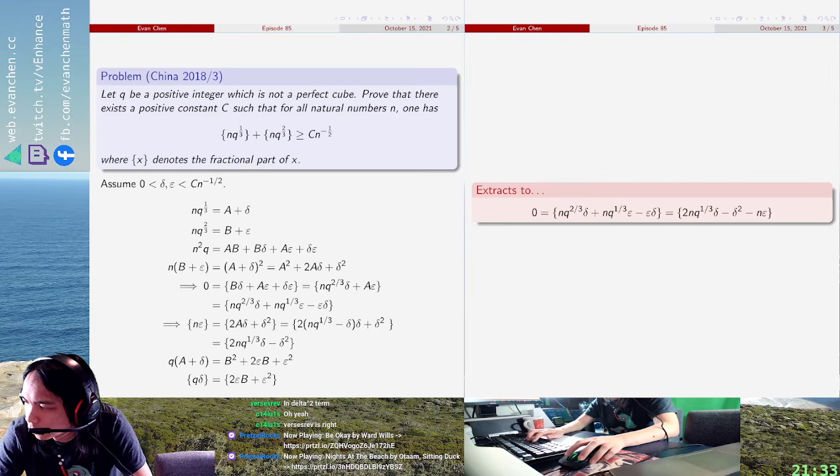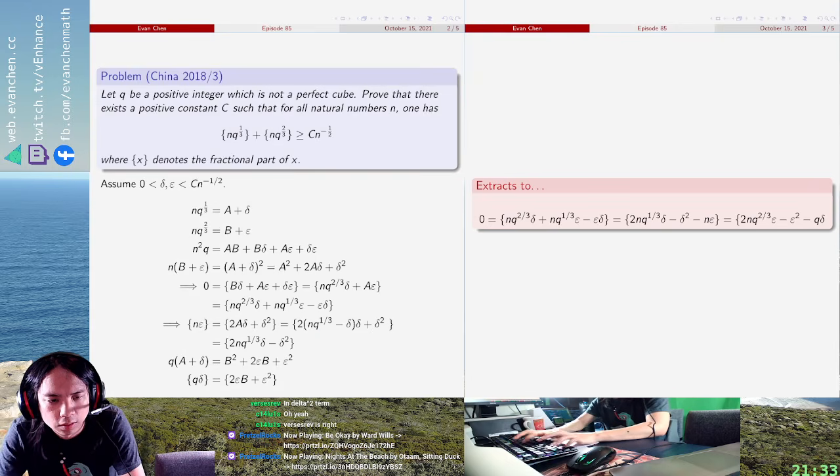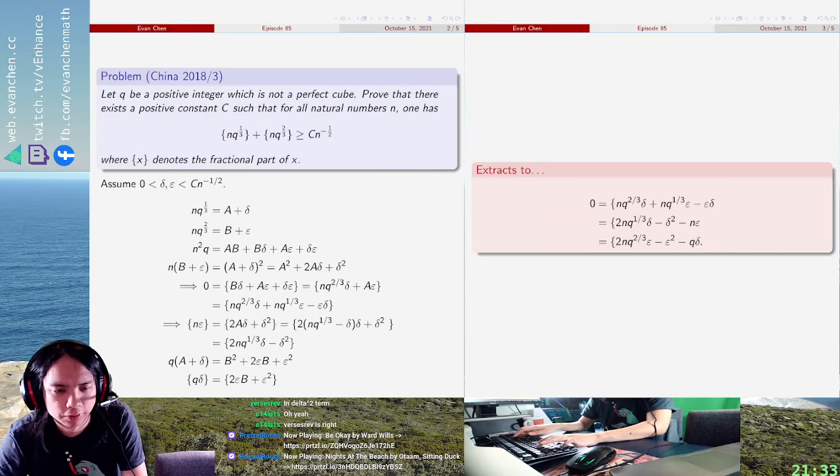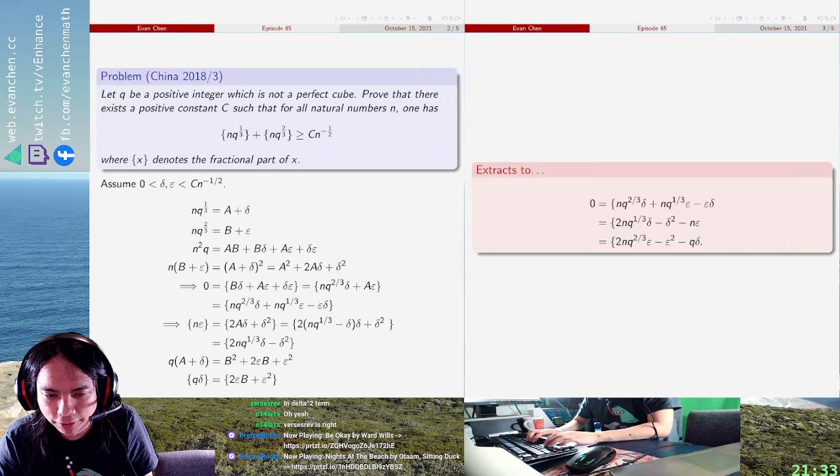How did this... Oh yeah, it becomes minus q delta. Okay, so these are the equations that I get if I try to mix in the fact that a, b, q, n are integers. I can get something of this shape. The question is, does this do anything? And my feeling is no. I feel like I'm just running in circles.